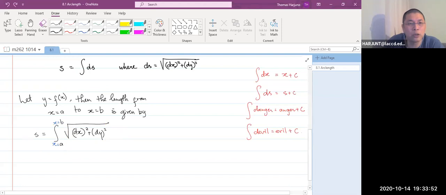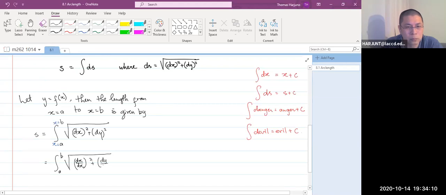It is by doing the following. That's integral from a to b. I factor square root of dx squared out. You see what I mean?